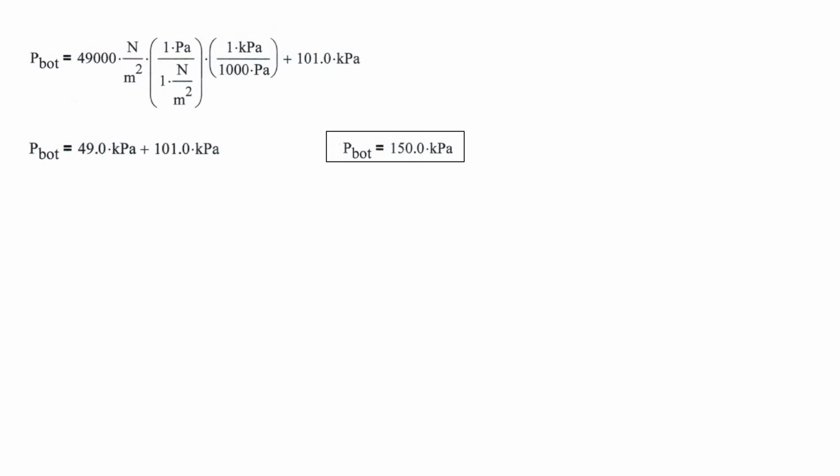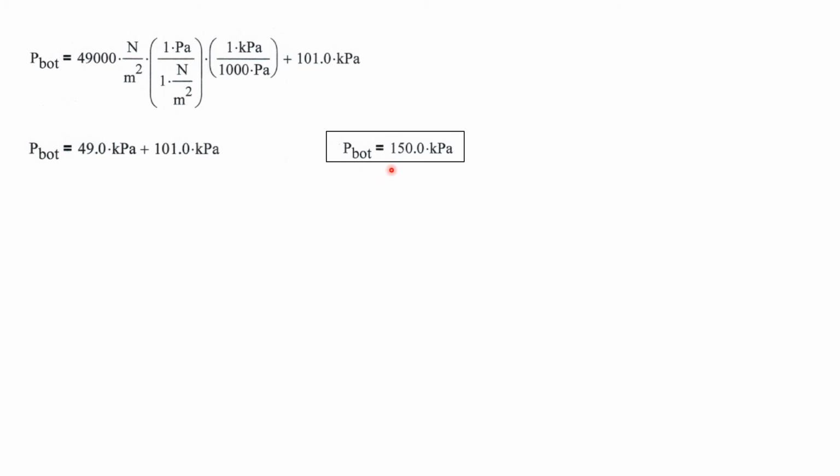So we're going to simplify this further. We had 49,000 newtons per square meter, and we need to convert that to kilopascals. Now we'll recognize that a newton per square meter is a pascal, and that there are 1,000 pascals in a kilopascal. So this term reduces to 49 kilopascals, and we're going to add to that the atmospheric pressure of 101 kilopascals.